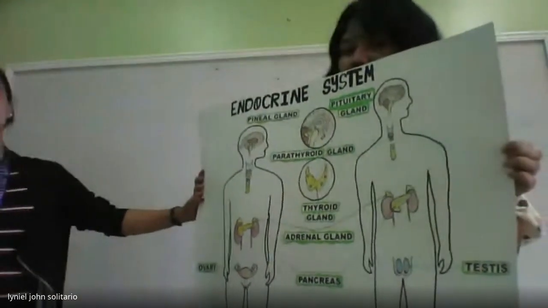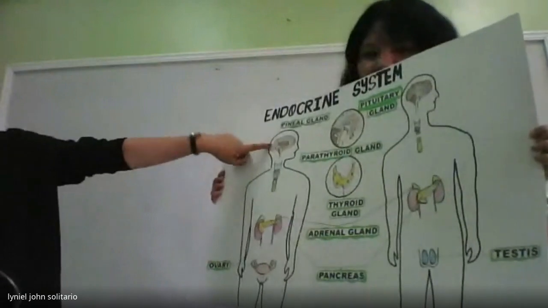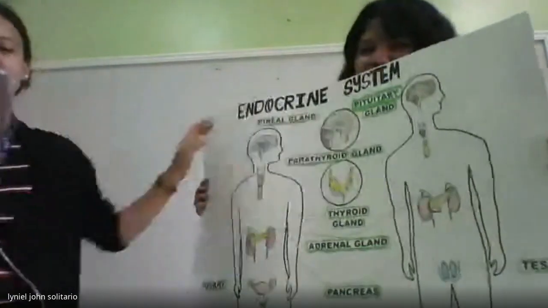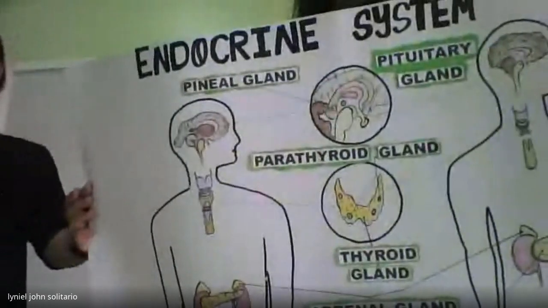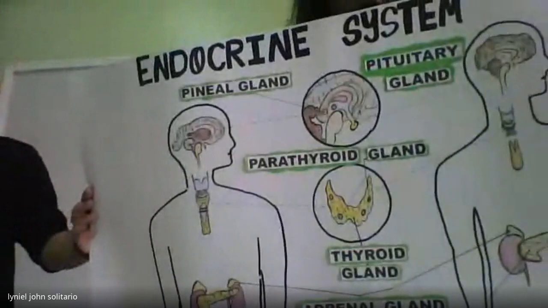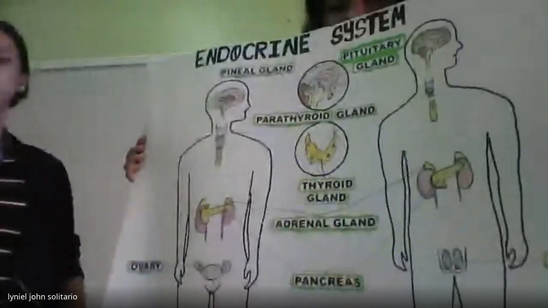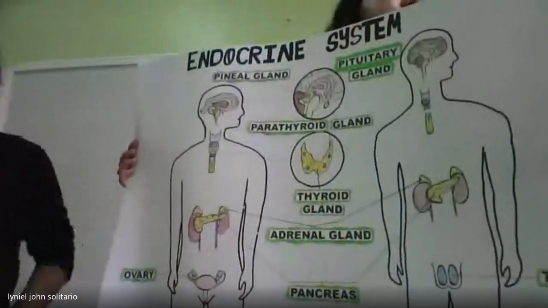The first part is the pineal gland, located in the brain. The pineal gland regulates the sleep-wake cycle by secreting melatonin, a hormone that helps control circadian rhythms and sleep patterns.